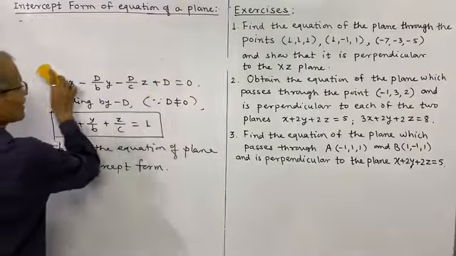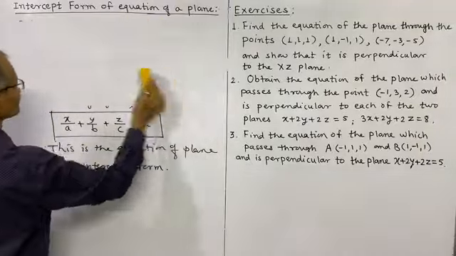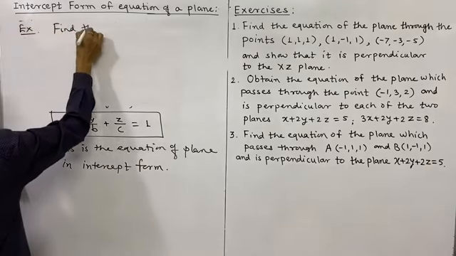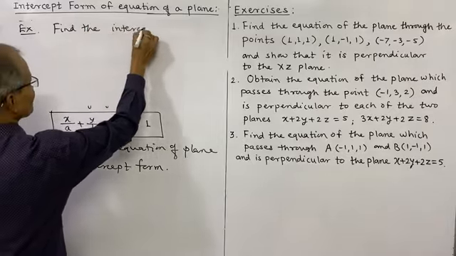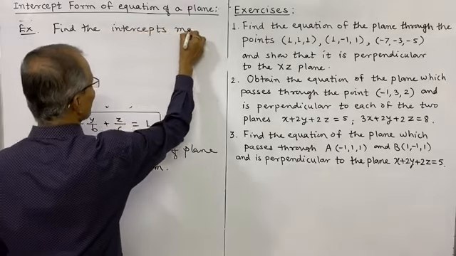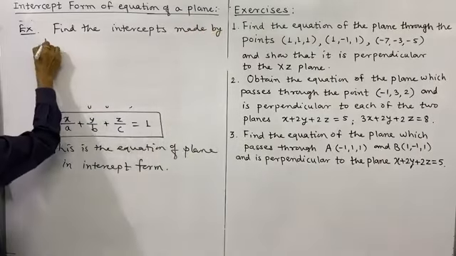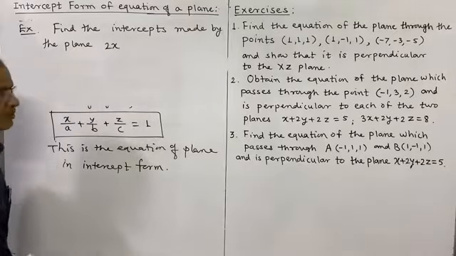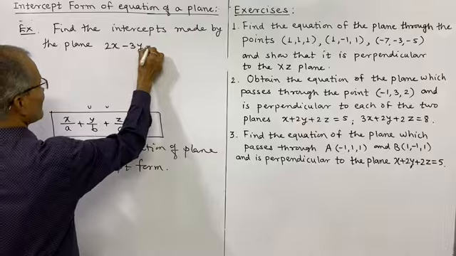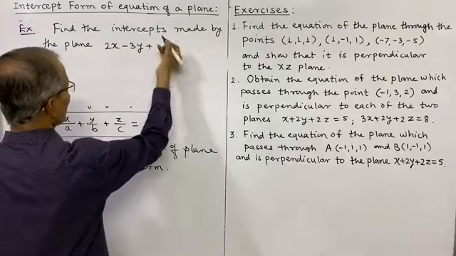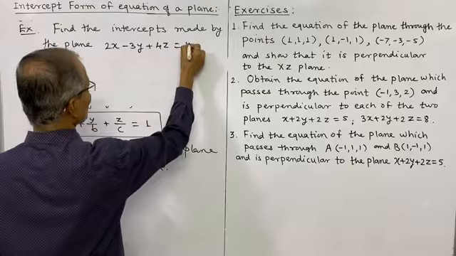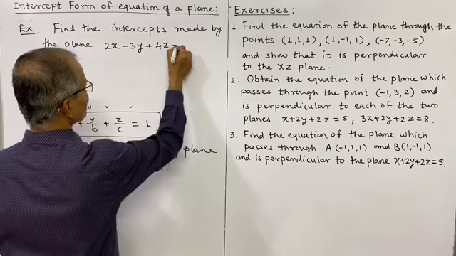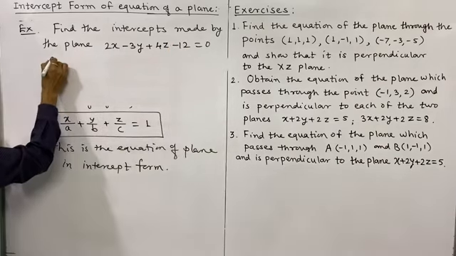Now we will consider one simple example. Find the intercepts made by the plane 2x minus 3y plus 4z is equal to 12, or 2x minus 3y plus 4z minus 12 is equal to 0, on the axes.